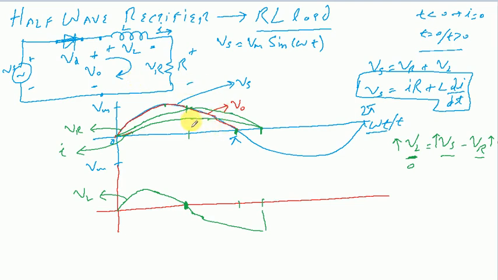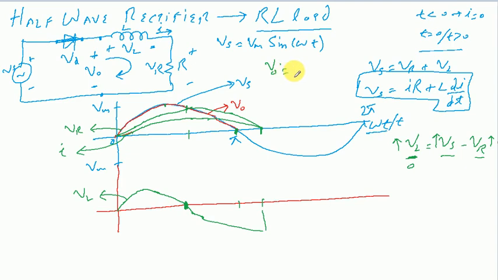At this point, although the current has started to drop because the source voltage is having a lesser value with every passing instant, it needs some time to drop to a minimum value of 0. So what it means is that, because of this equation, we'll have this voltage across the load.